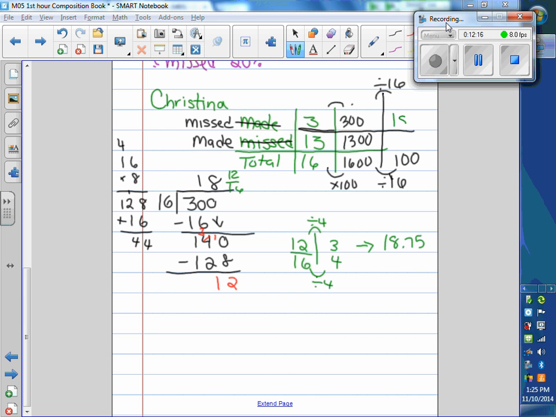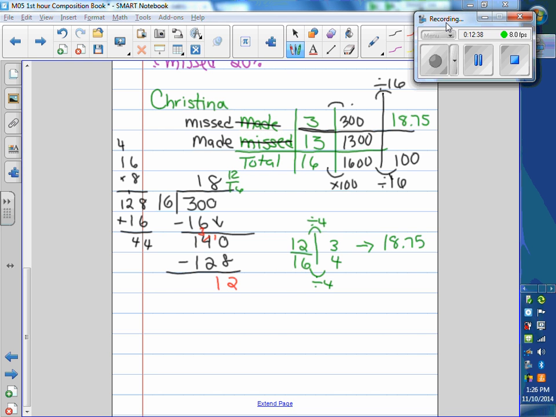How could that be possible, though? You can't miss like that. That's true. But it's her ratio of made to miss. So her percentage is 18.75, not how many she made. So we would say she made about 19% of her shots.